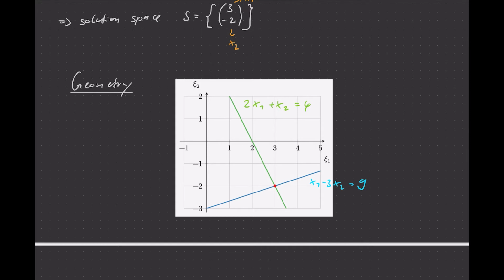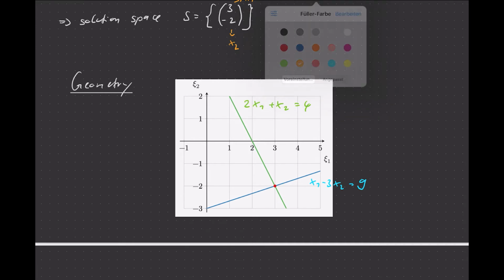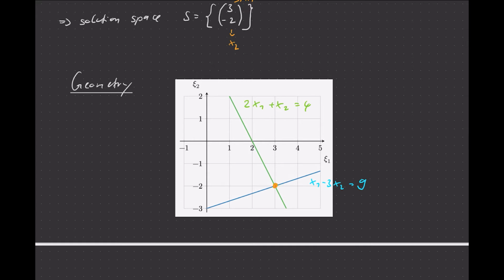So all points on one of those lines satisfy one of those equations. And with the equation system, what we're looking for is a point that satisfies both. And of course, that point is located exactly on the intersection here. So that is the unique solution we get. And that exactly has the coordinates 3 for x1 and minus 2 for x2, as you can see. So that is how the geometry of this equation system looks like.